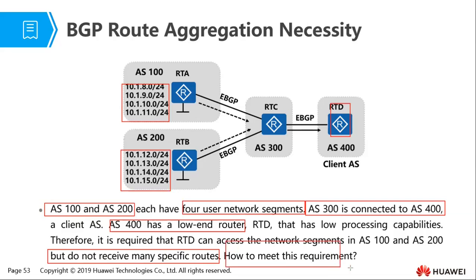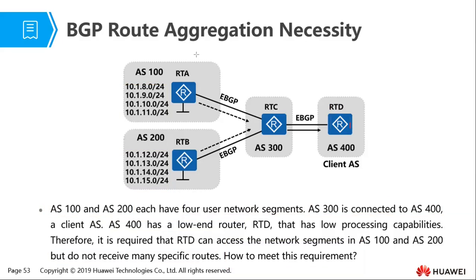So how do we meet this requirement? As we said, the advantages of route aggregation are, number one, to save on memory, bandwidth, and processing. Number two, to reduce frequent flapping of specific routes, which makes the network unstable.